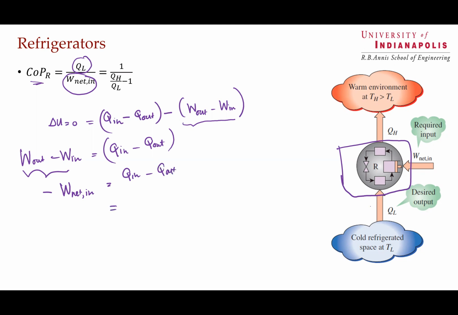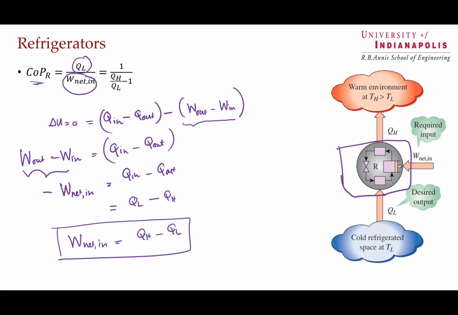Here Q in is QL, right? Q out is QH. So you have W net in equals QH minus QL.